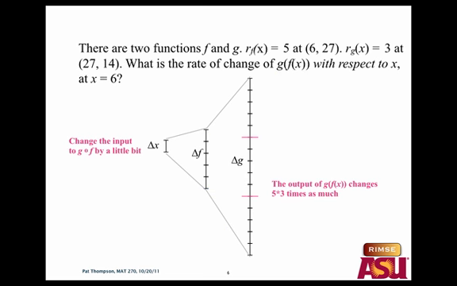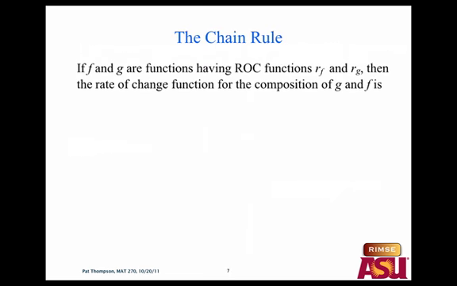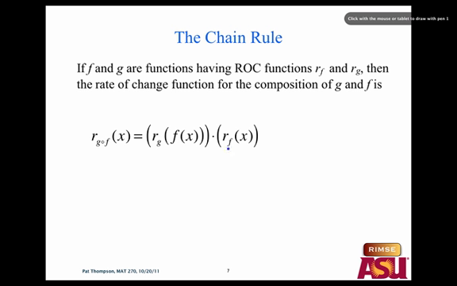This is summarized on the next slide. If f and g are functions having rate of change functions r f and r g, then the rate of change function for the composition is what we said, and we did this first. Changes in f are 5 times changes in x. That was the rate of change of f.